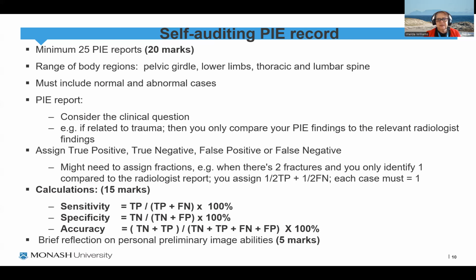But remember, each case must be equal to 1. And also remember, if you have a case where there's more than one body part, so say, for example, where you have the ankle and the foot, write it up as 2 separate cases. So then you need to calculate the following: your sensitivity, which is concerned with your ability to identify abnormality. Specificity is to exclude abnormality, and accuracy is the overall accuracy of your image interpretation skills, and that is 15 marks.